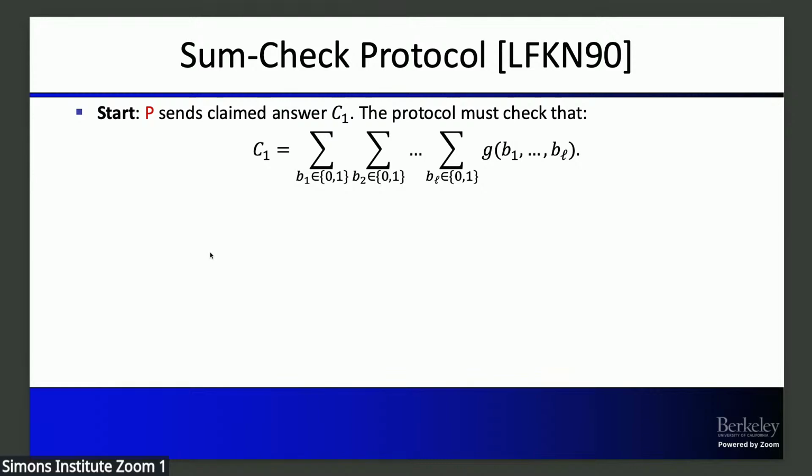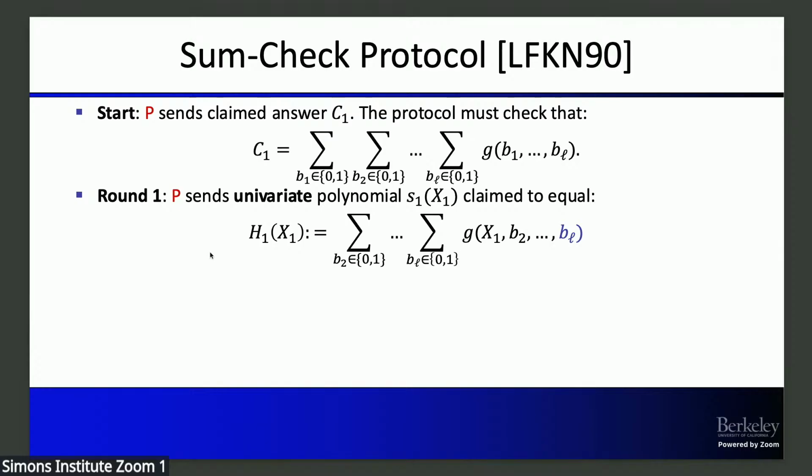At the start of the protocol, the prover sends the claimed answer. The prover just says, the answer is C1, and now I'm going to move on to round 1. What does the prover send in round 1? It is a univariate polynomial S1, which is claimed to be this thing: summing over all but the first variable and leaving the first variable unsummed.